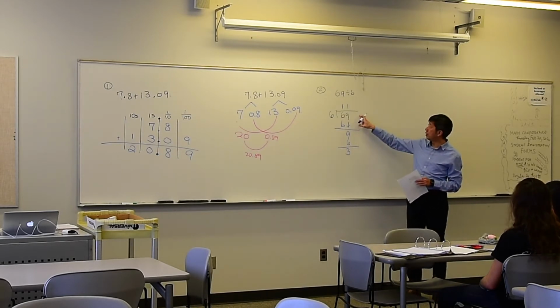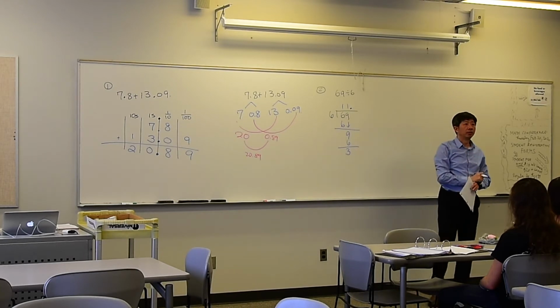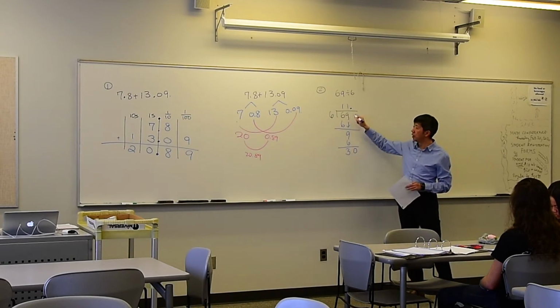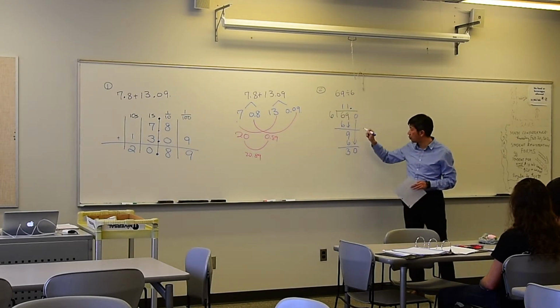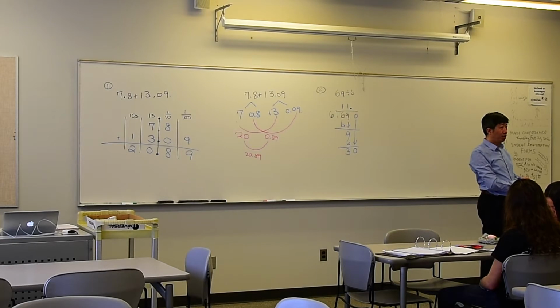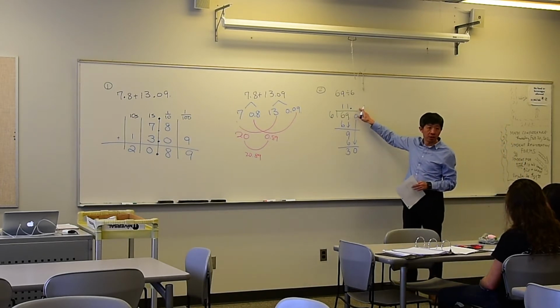Now, what's the next place value? This is a decimal point, this is a decimal point, right? So therefore, what numbers are we supposed to fill in this? 0. Is that right? And then 0 is also brought down, is that right? If you're not good at division, this is the time you can relearn, okay? And then 0 brought down, so therefore, what number are we supposed to fill in this?